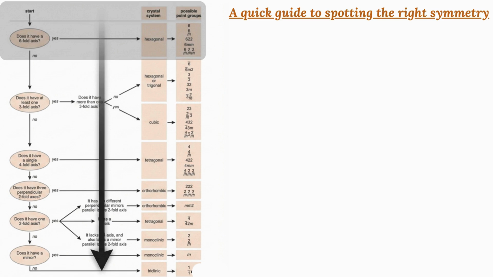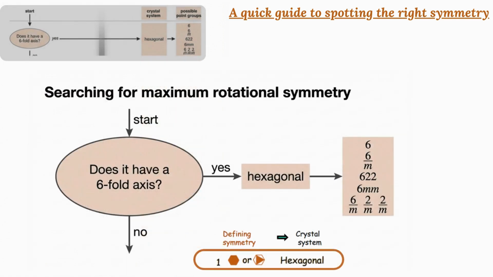For example, first we have to start with the sixfold symmetry. The sixfold symmetry is only possible in the hexagonal system. So first we check: does it have a sixfold symmetry?